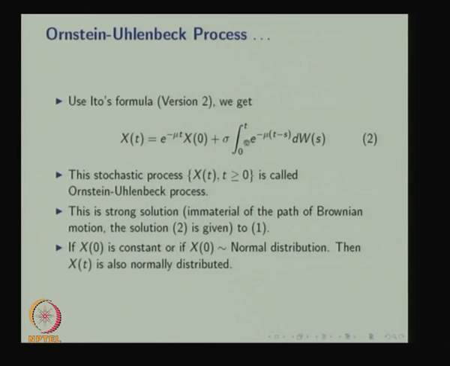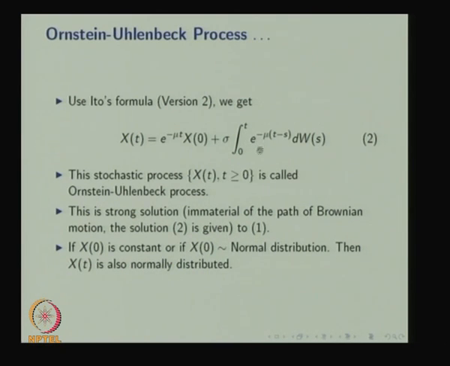Note that this is an Ito integral, because this is an integration with respect to Ws, but the integrand is a non-random function of time. Therefore, it is easy to get the solution.